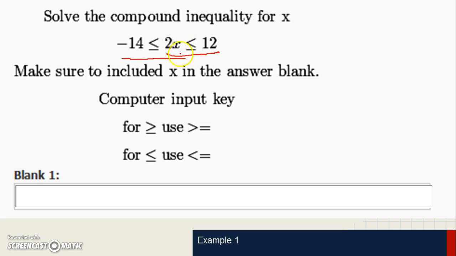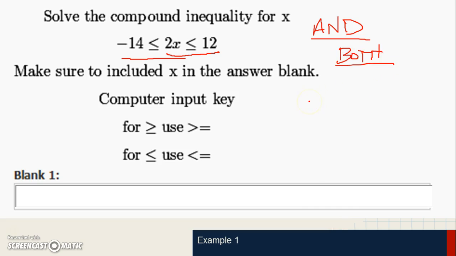Because this is in the middle, we know this is an AND statement. So negative 14 is less than or equal to 2x and less than or equal to 12. We'll show you what an OR statement looks like next. But this is definitely an AND statement. So remember, with an AND statement, they both have to be true.